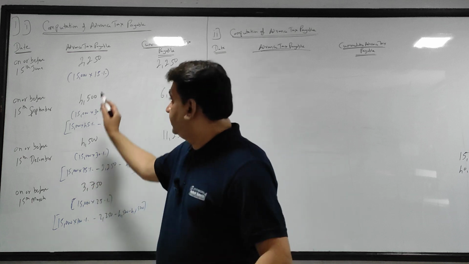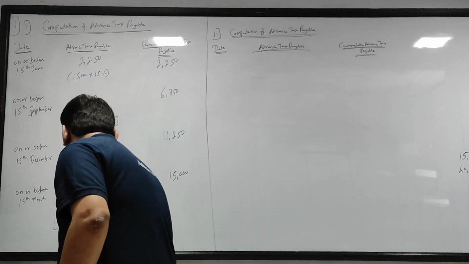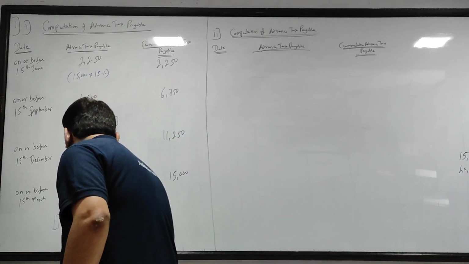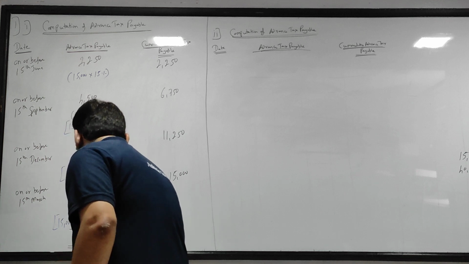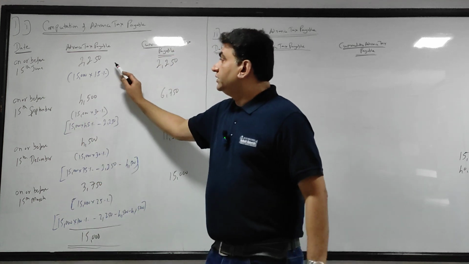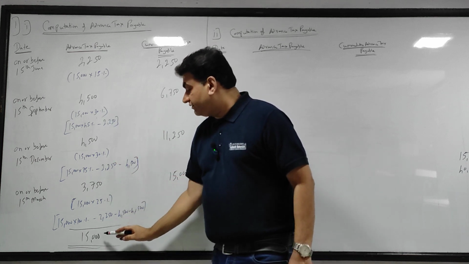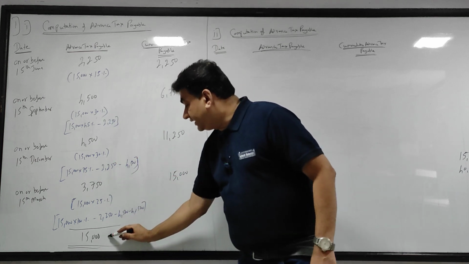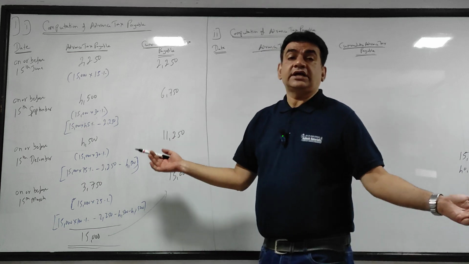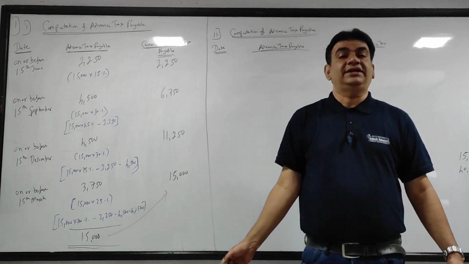Now what you do? Take the total of this advance tax payable column and add: automatically 15,000. 2250 plus 4,500 plus 4,500 plus 3750 gives you 15,000, and this has to be equal to cumulative.